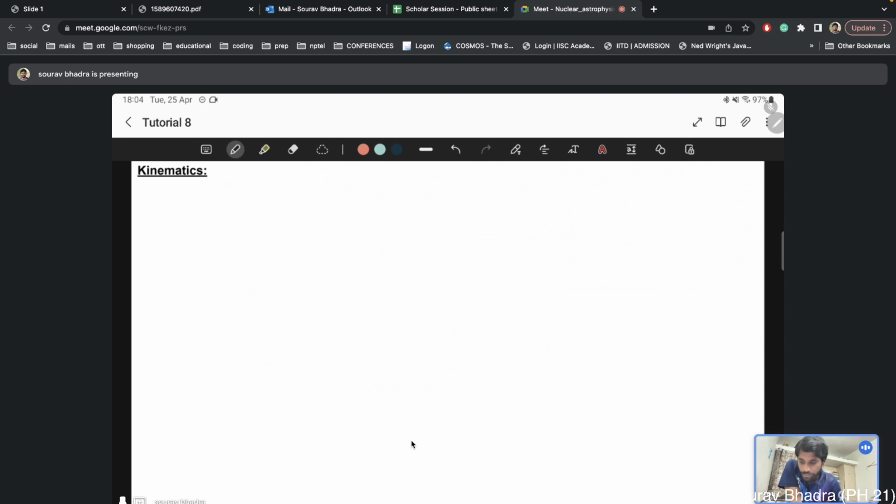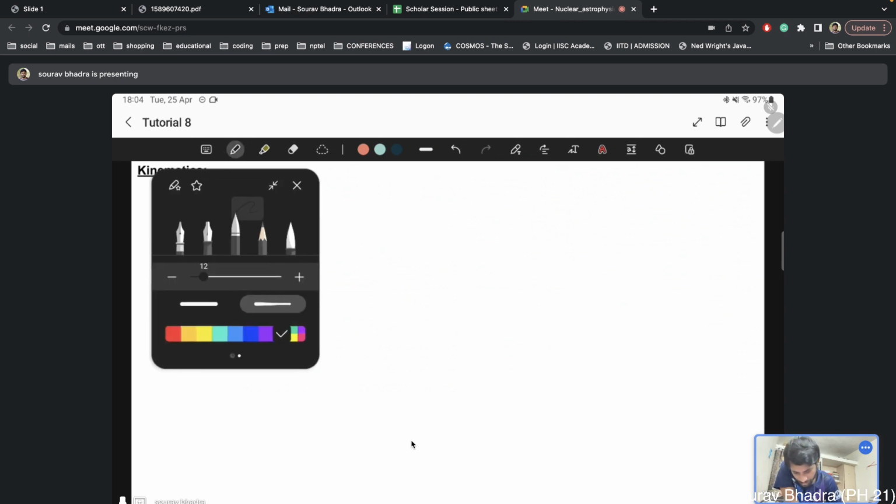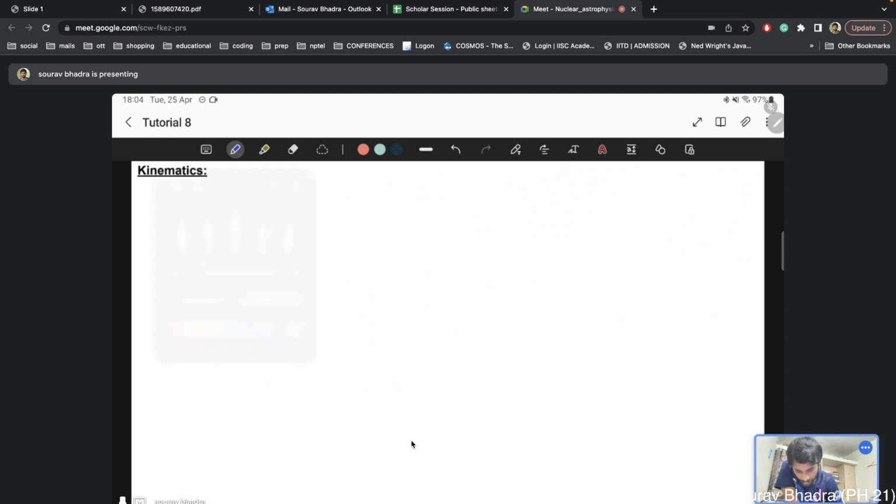Okay, so in the nuclear astrophysics course, generally two nuclei react and they make some products. So that is our nuclear reaction.